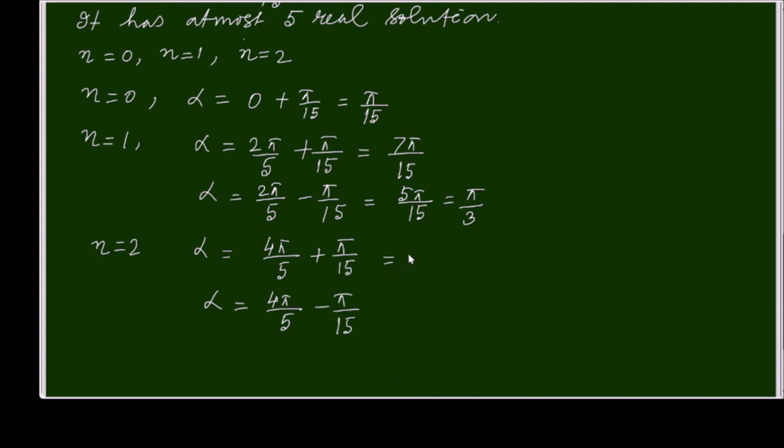This is equal to 13 pi by 15, which can be written as minus 2 pi by 15. And here it is equal to 11 pi by 15, or this is minus 4 pi by 15.